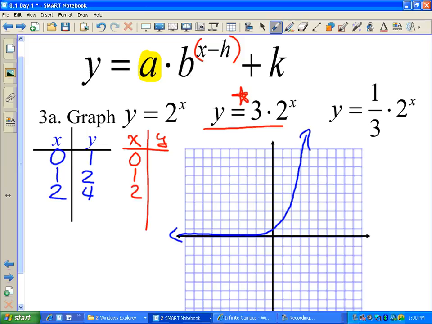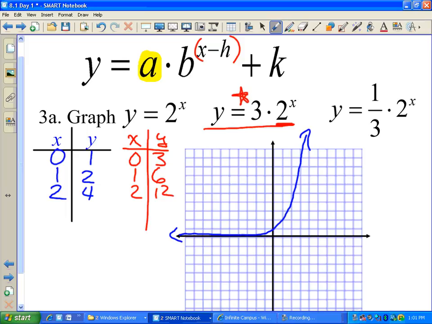But after I plug that in, remember 2 to the 0 power is 1, but I have to multiply that by 3. So instead of 0, 1, I get 0, 3. 2 to the 1 power is 2. 2 times 3 is 6. And then the last one is 2 to the second power is 4. 4 times 3 is 12.